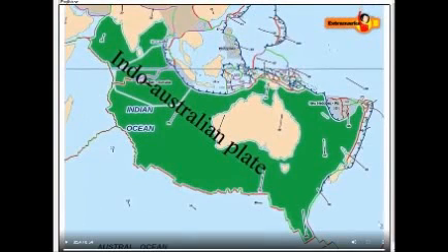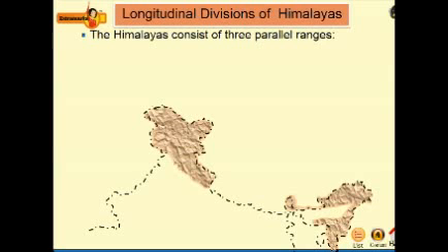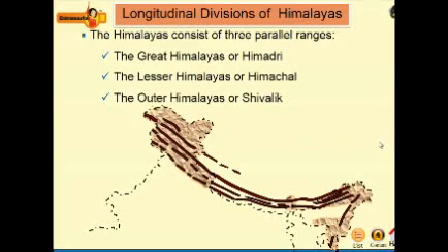Yes, did you see the video? Now let's see the longitudinal divisions of the Himalayas. The Himalayas consist of three parallel ranges. They are the Great Himalayas or Himadri, the Lesser Himalayas, that is Himachal, and the Outer Himalayas, that is Shivalik.